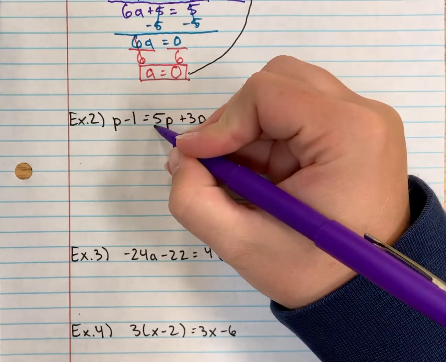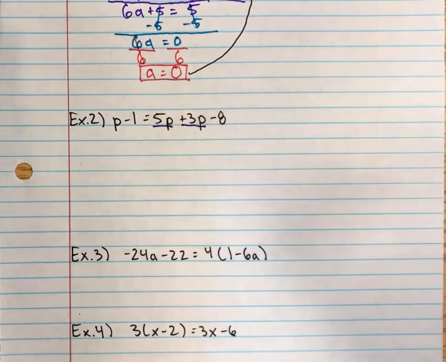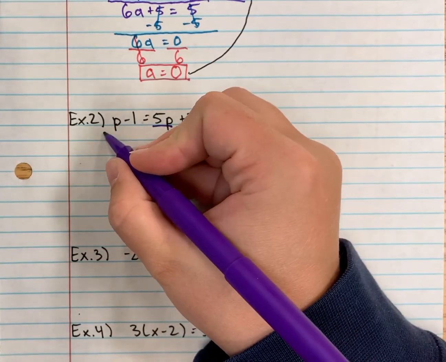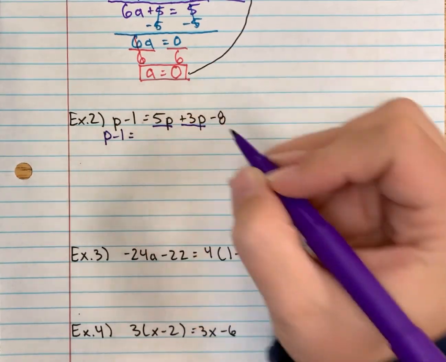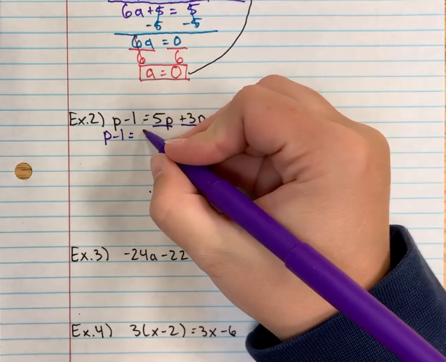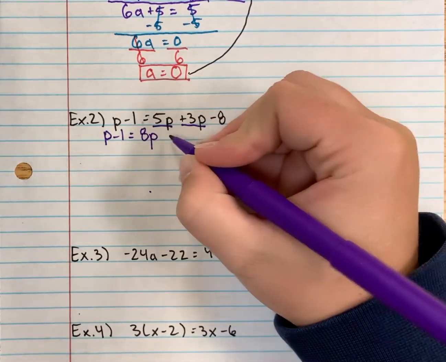So you want to take this 5p and this 3p and combine those. Okay, so you'll just add those together. So we're going to keep the p minus 1 on this side. And now instead of a 5p plus 3p, you have an 8p minus 8.